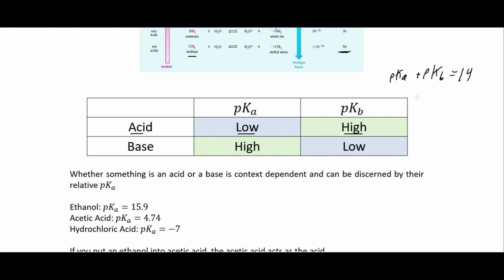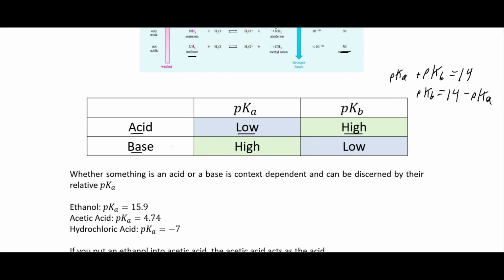And so pKb is equal to 14 minus pKa, and so they are opposites of each other. As pKa goes lower, the acid gets stronger, and pKb will get higher. And the inverse is true of bases.